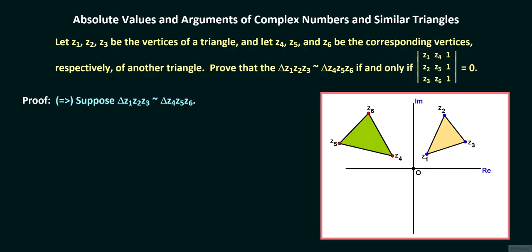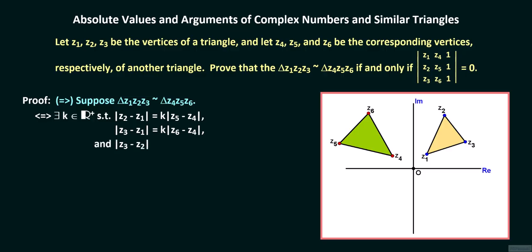That is, there should exist a positive real number k such that the distance between z2 and z1, or the absolute value of z2 minus z1, equals k times the distance between z5 and z4, or the absolute value of z5 minus z4, the distance between z3 and z1, or the absolute value of z3 minus z1, equals k times the distance between z6 and z4, or the absolute value of z6 minus z4, and the distance between z3 and z2, or the absolute value of z3 minus z2, equals k times the distance between z6 and z5, or the absolute value of z6 minus z5.